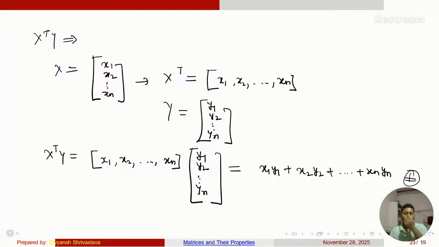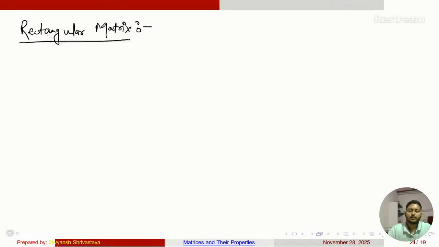Now come to the next point, which is the rectangular matrix. So what is a rectangular matrix?